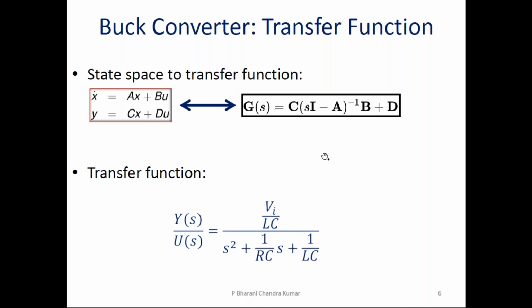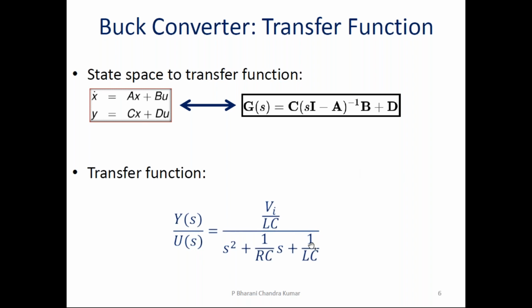There are so many forms. So the state space matrices are not unique for a particular system, but if I convert hundreds of various state space models for a particular system, I should get the same transfer function. So the transfer function is the unique one, but not the state space.